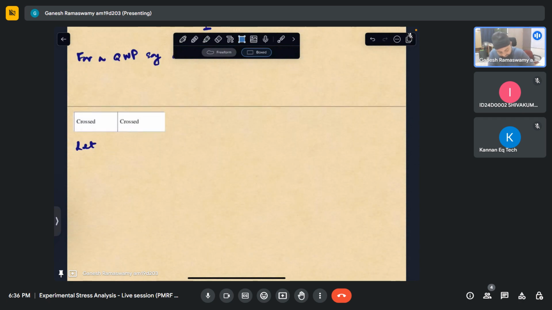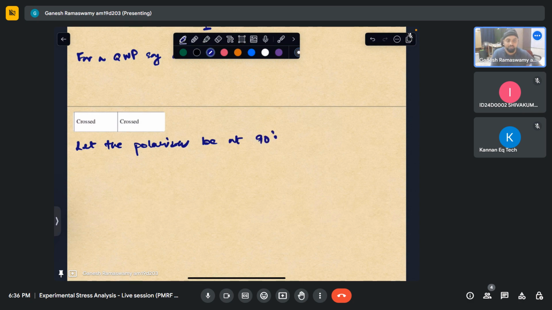Now let the polarizer be at 90 degrees, and that is what we have been following.